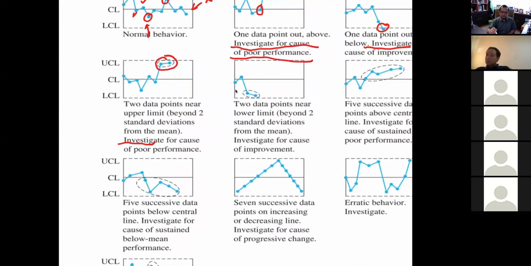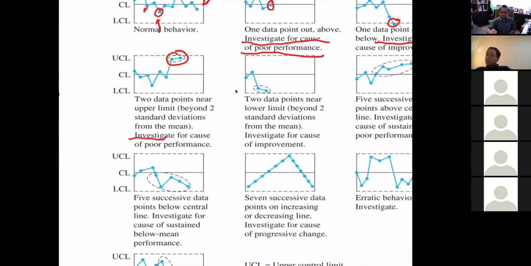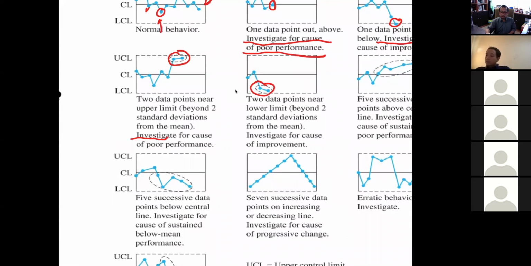This one, you must know the reason also, because this is the lower limit. Sometimes it's good to drop to the lower limit, maybe. But if we have a fixed tolerance, it cannot be less than this, cannot be more than this.